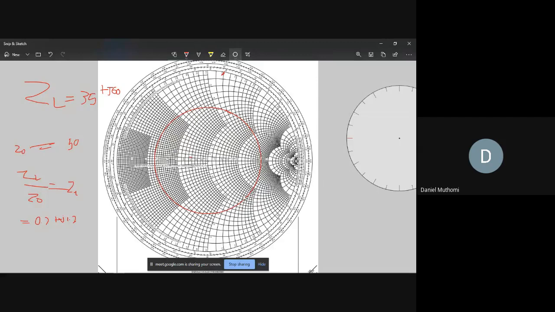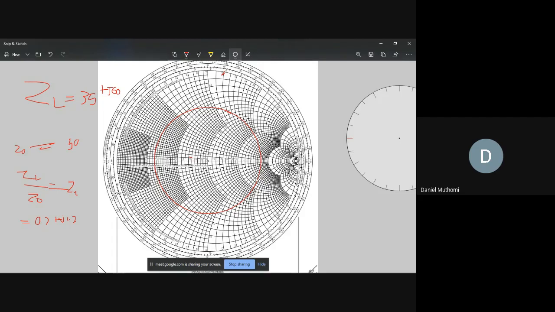For most questions, you'll be asked to find the VSWR, which is the voltage standing wave ratio. You should note that this is always greater than 1. You'll come to the right side of your Smith chart, and that's where you'll take your reading of VSWR.